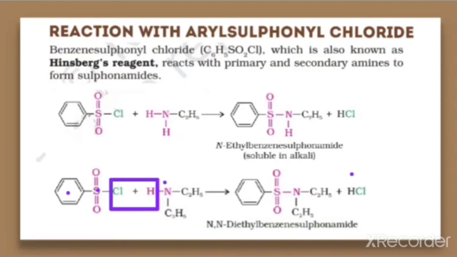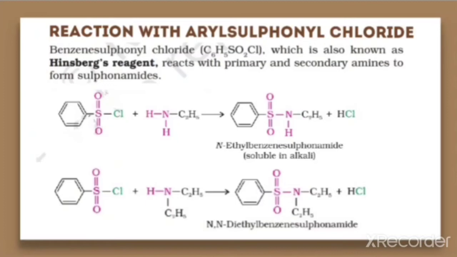So the C6H5 as it is, S double bonded O as it is. Then after that we need to write nitrogen, and two ethyl groups are attached to the nitrogen. So the product formed here is a benzene sulfonamide having 2 ethyl groups attached to the nitrogen. So how do we name this one?